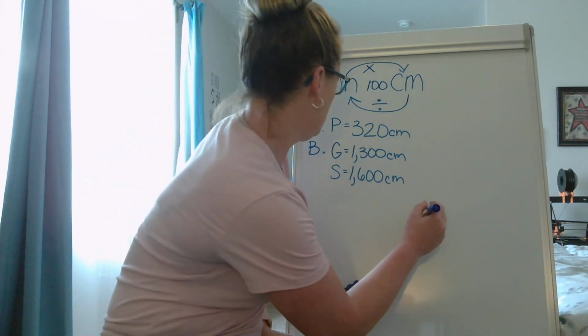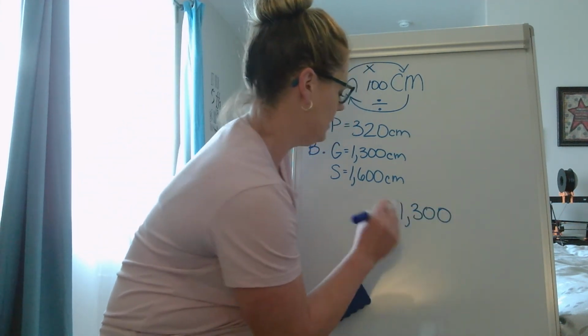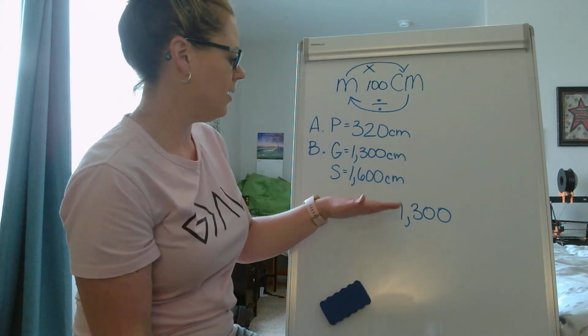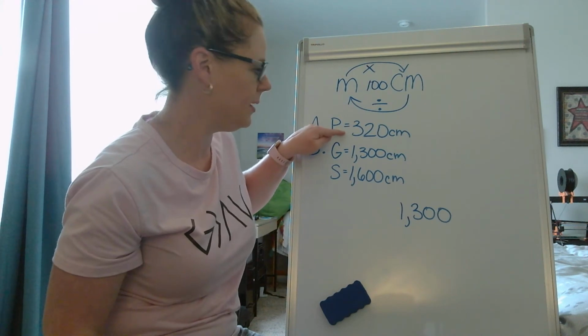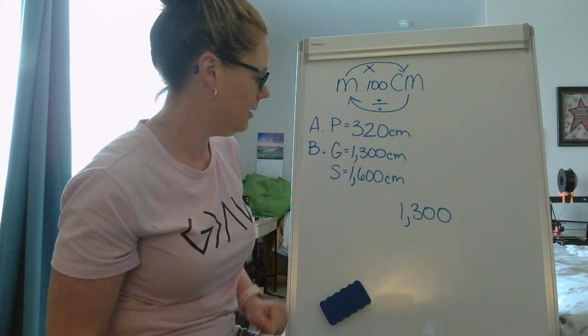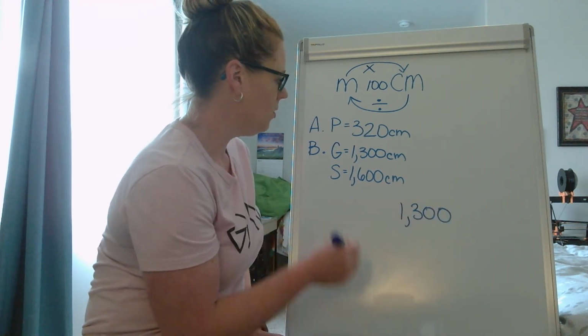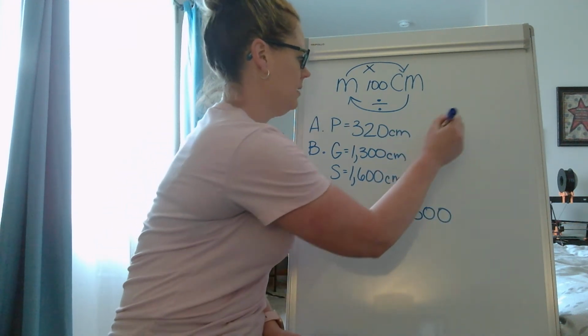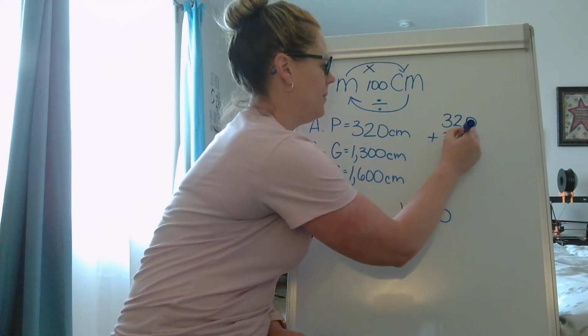So if we take our gold border, 1,300 centimeters, and we need to break it down to find out how many of these we can make. Okay, you can do it two ways. You can do long division, or we can start with 320 and start adding them up.